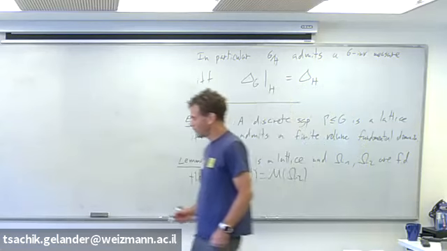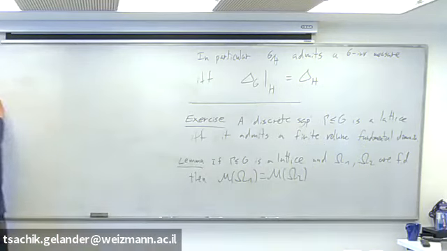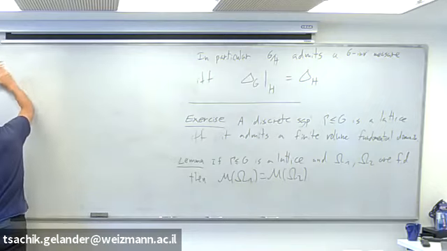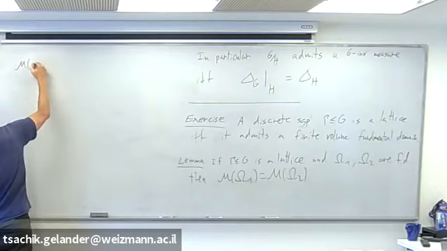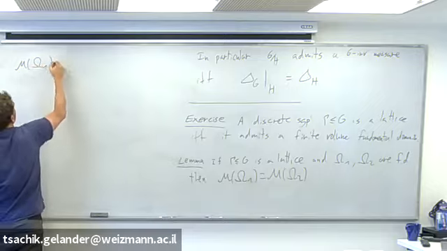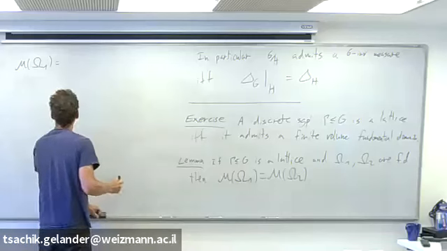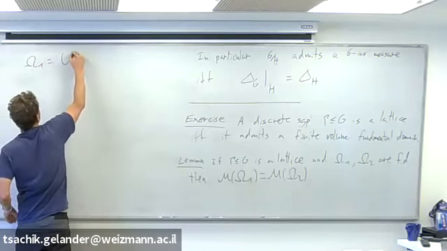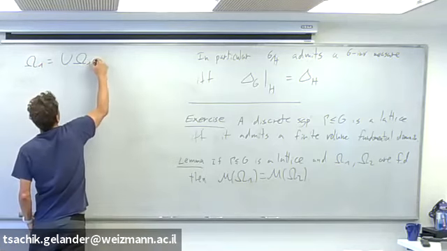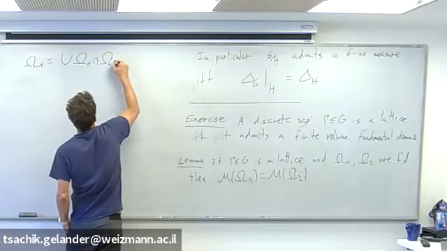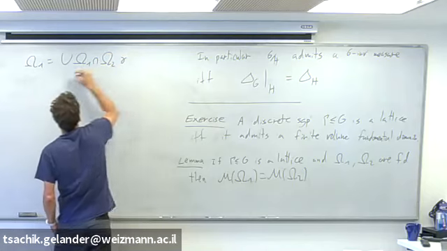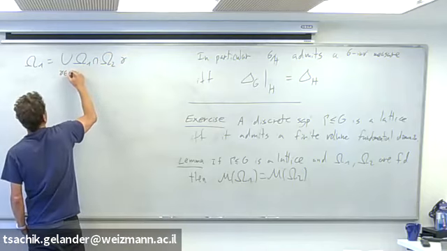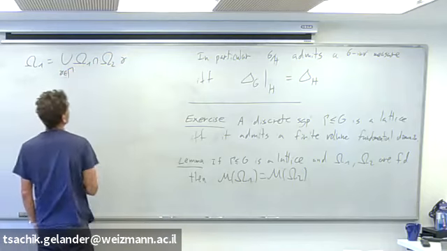And the proof: mu of Omega 1. Omega 1 equals this disjoint union of Omega 1 intersected with Omega 2 translated by gamma, over all gamma.